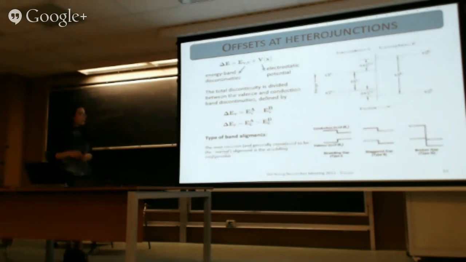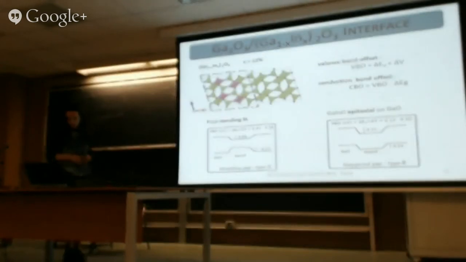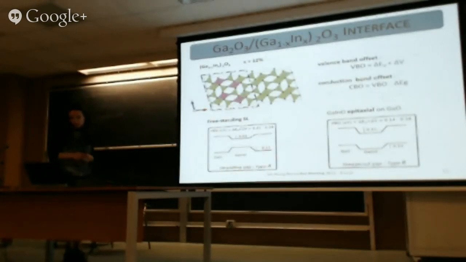In general, we have different band alignments, for example the straddling gap, the staggered, and the broken gap.